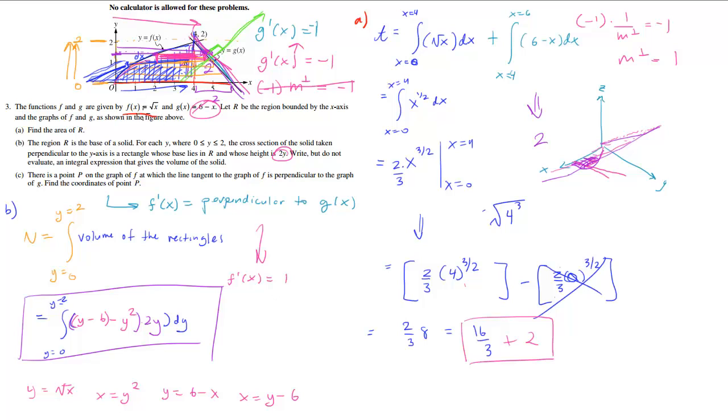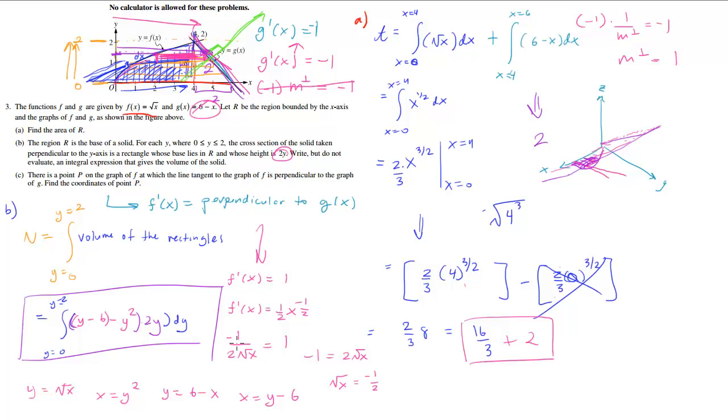And f prime of x is just given by 1/2 x to the -1/2. So we're trying to find when 1 over 2 root x equals 1.